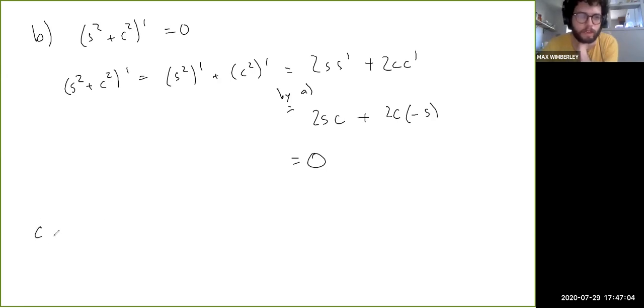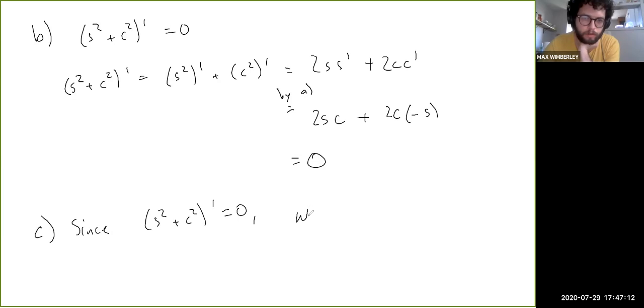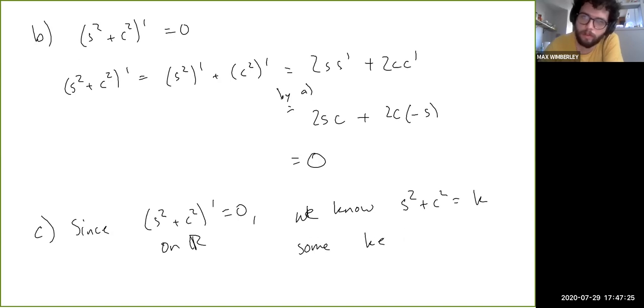And then for part C, since s squared plus c squared prime equals 0, and this is on R, we know s squared plus c squared equals k for some constant, right? It's a constant function.